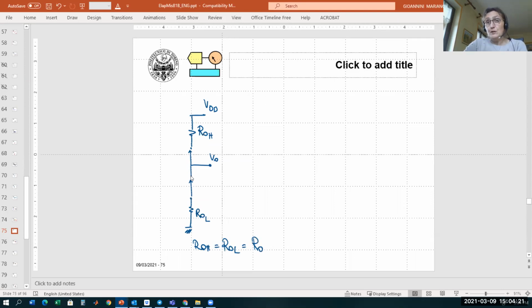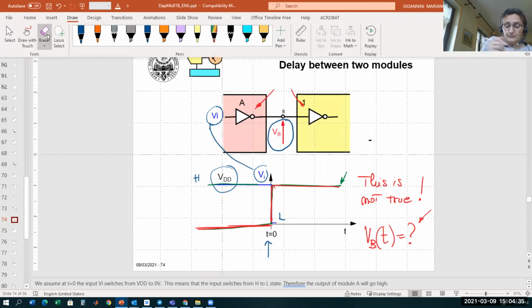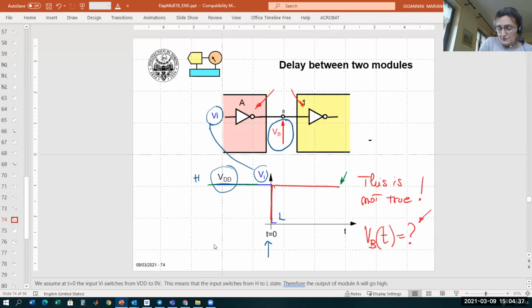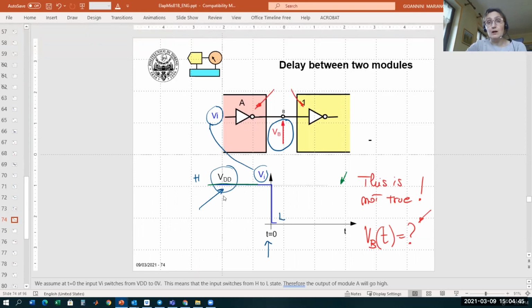The hypothesis that we make now is that in the initial condition, we have that the input is high. So we start with the input voltage being high.